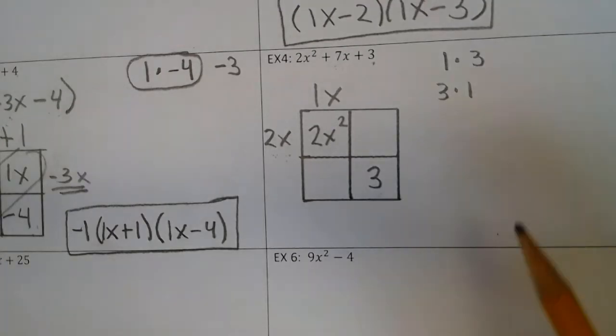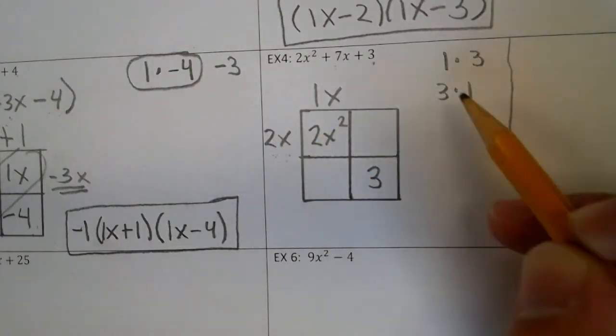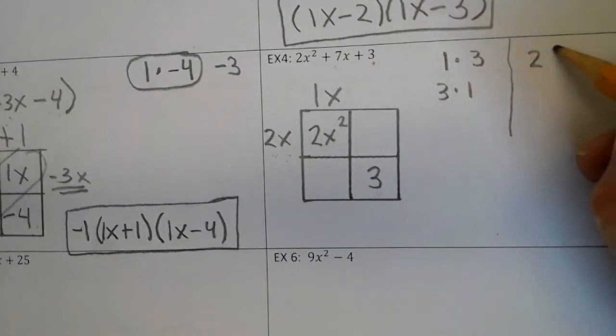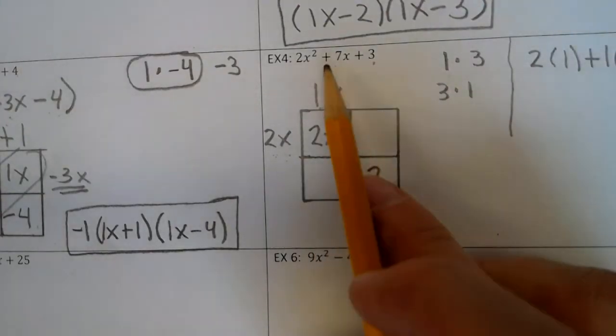But before, because there was just 1, it didn't matter. We could get the combination. Because of 2, we have to do this. We have to multiply the 2 times the first term and 1 times the second term, and then see if that combines to be 7.